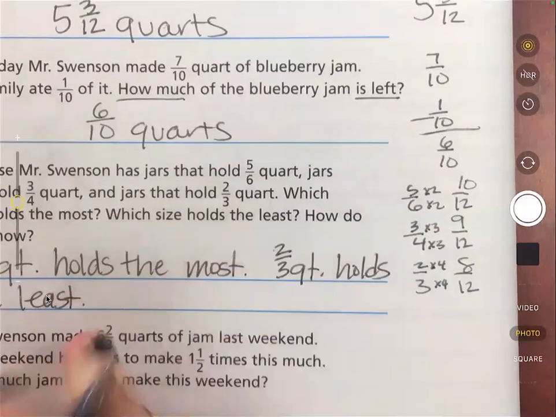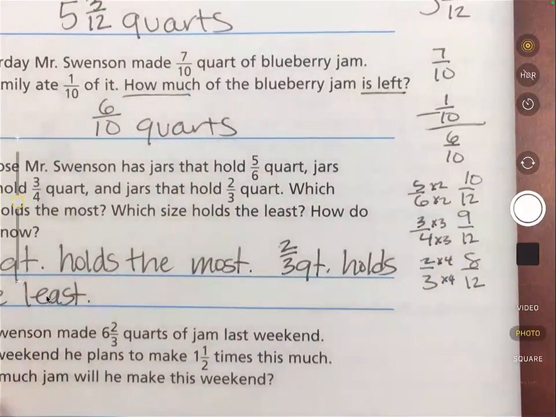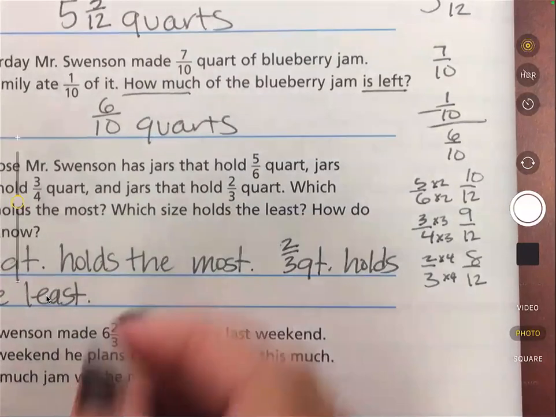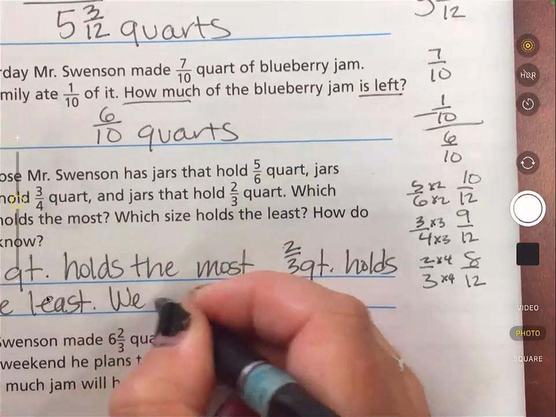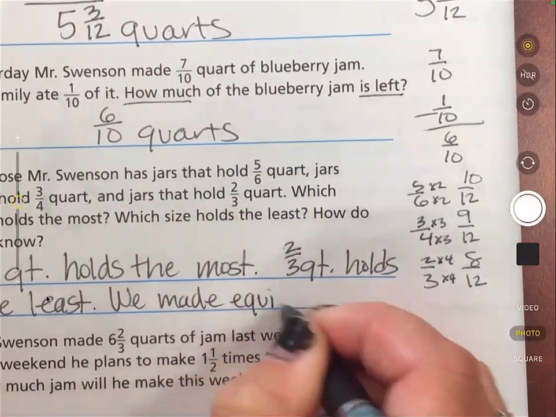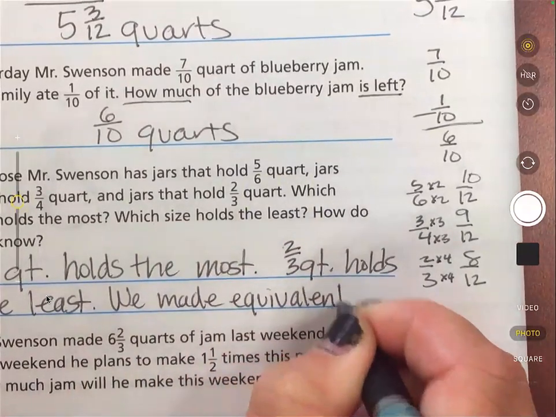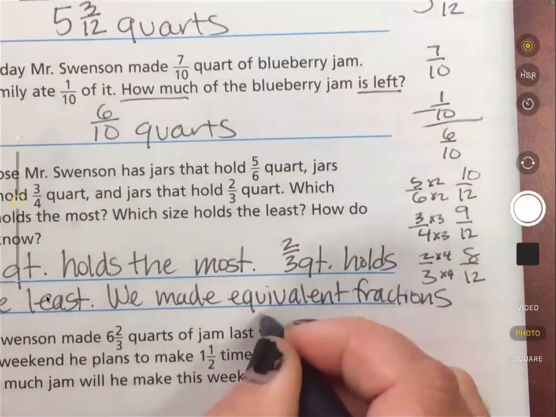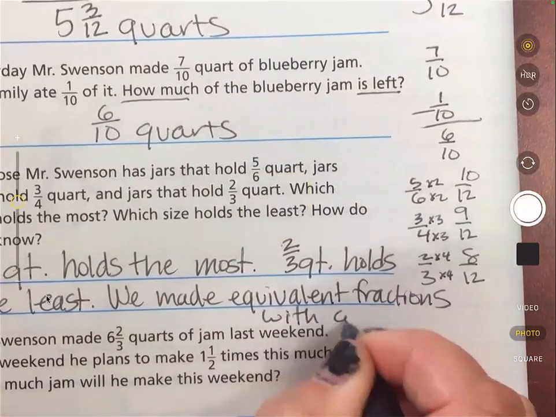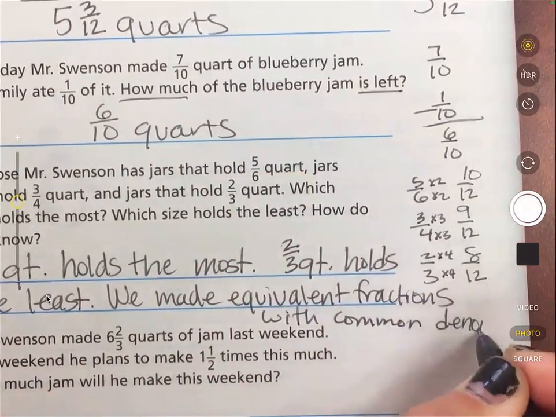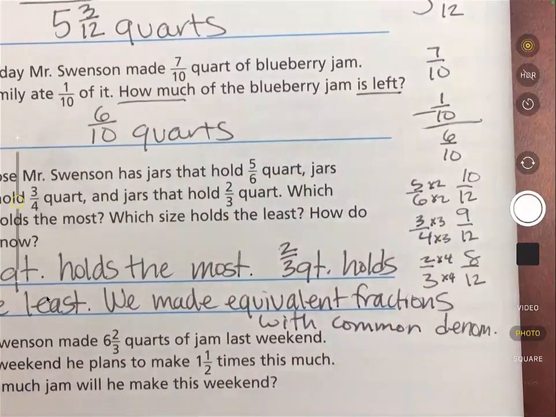How do I know? Because we made them into common denominators so you could tell. We made equivalent fractions with common denominators. I'm going to abbreviate denominators.